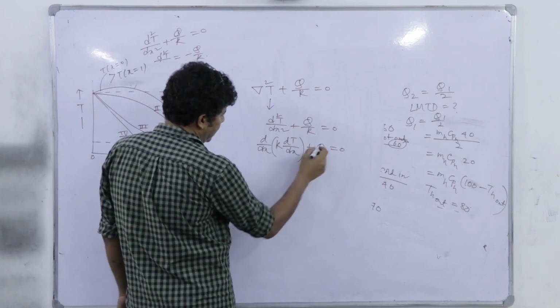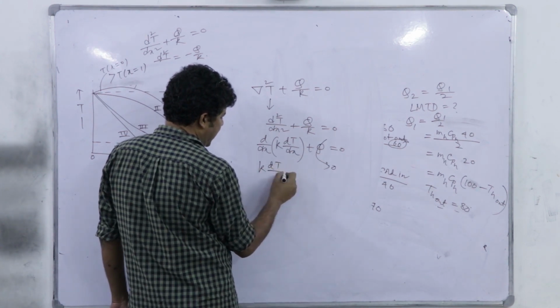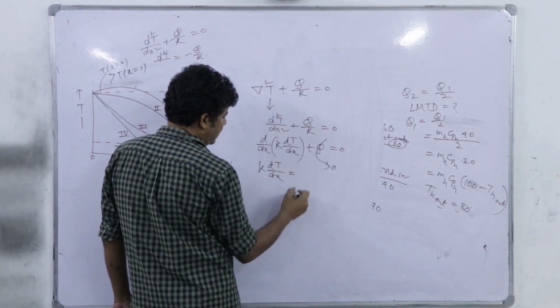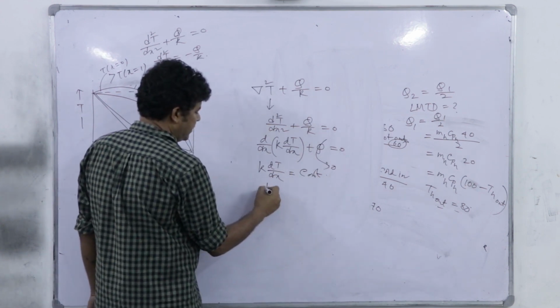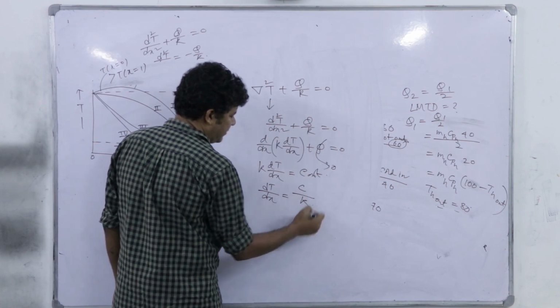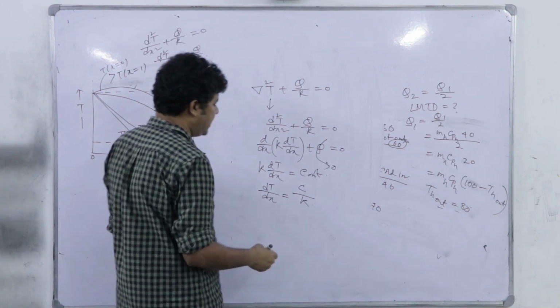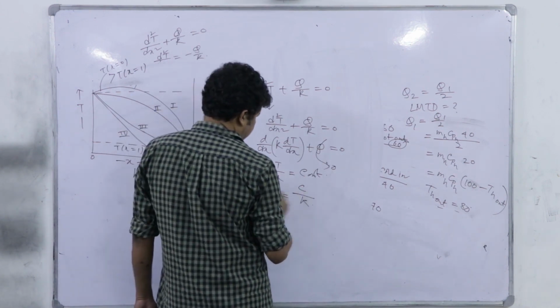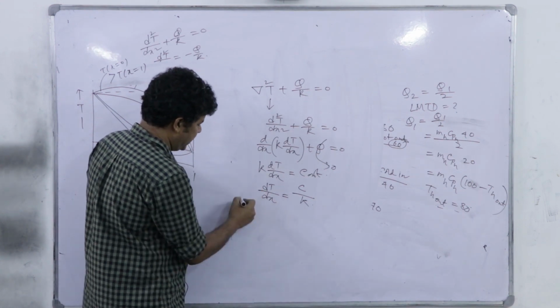So you see, for the present case Q is equal to 0, so K into dT dx will be equal to constant, right? So dT dx is that constant divided by K, okay? So what will happen to dT dx?